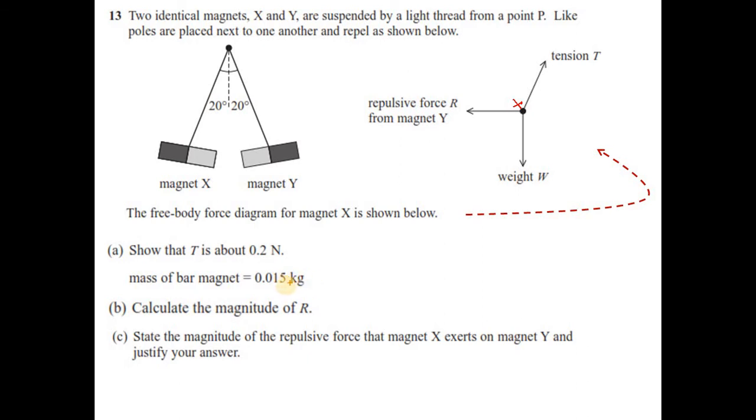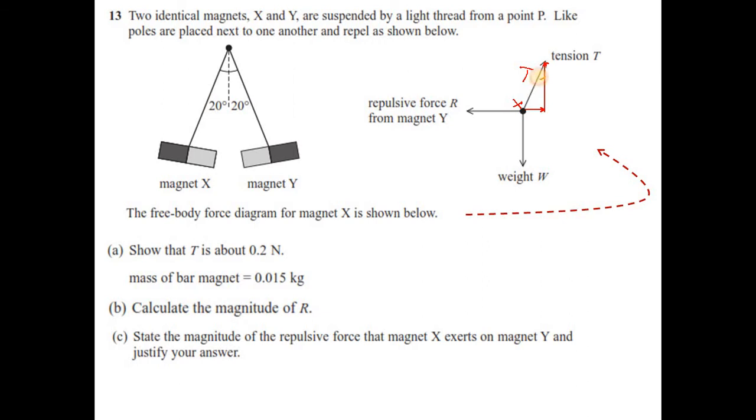This is a question regarding vectors, the resultant and the components. So what do we do? We try to find the component of the vector. If you see, this angle is 20 degrees and you can resolve this T into its components.